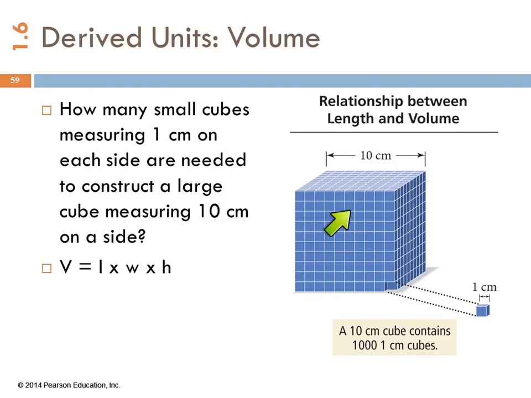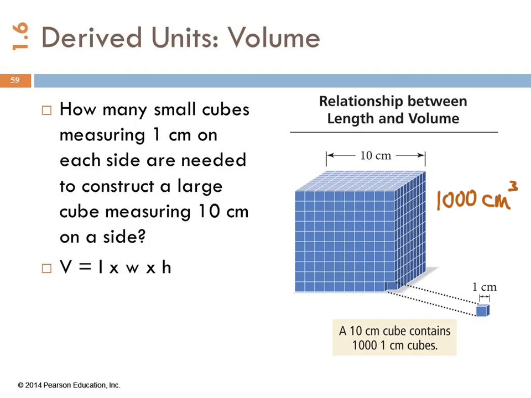So if we look at this, here's a cube that's 10 centimeters on a side. So the volume of that would be 10 times 10 times 10, 1,000, right? 1,000 cubic what? Cubic centimeters. So the volume of that guy is 1,000 cubic centimeters.